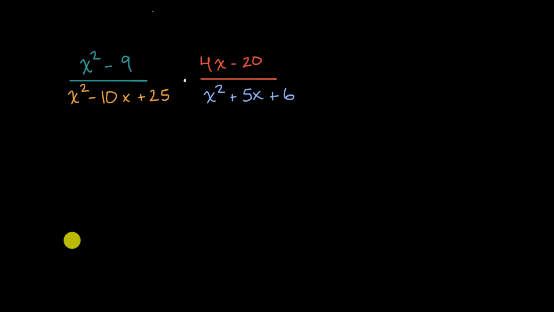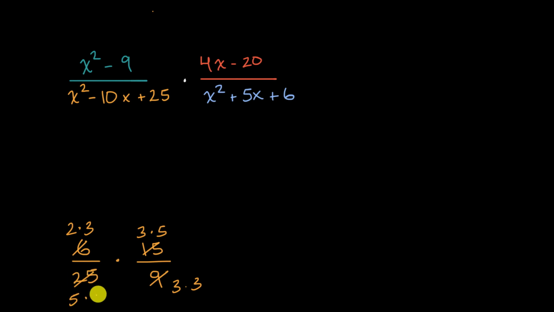Multiplying rational expressions like this is very analogous to multiplying fractions. For example, if I were to multiply 6/25 times 15 over 9, there's a few ways you could do it. You could just multiply 6 times 15 in the numerator and 25 times 9 in the denominator. But the way that many of us approach it, so that it's easier to reduce to lowest terms, is to factor things: 6 is 2 times 3, 9 is 3 times 3, 15 is 3 times 5, and 25 is 5 times 5.